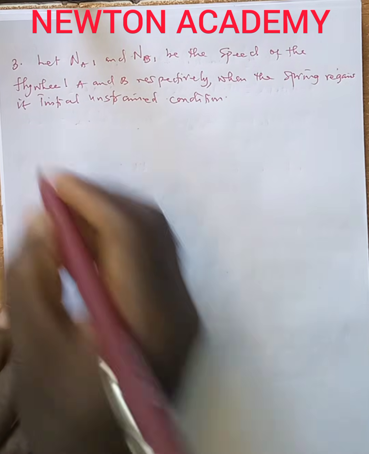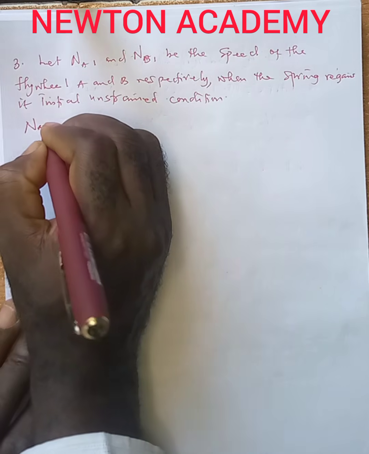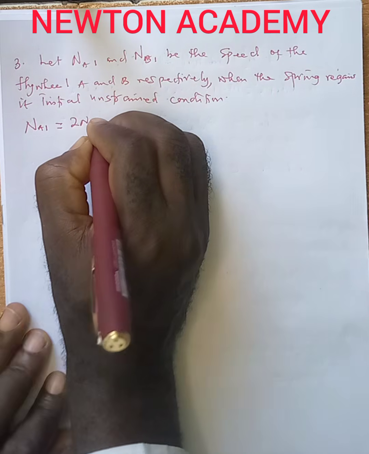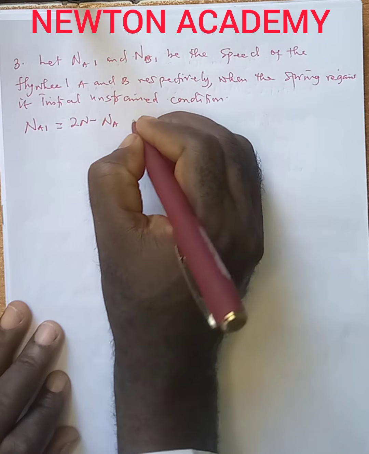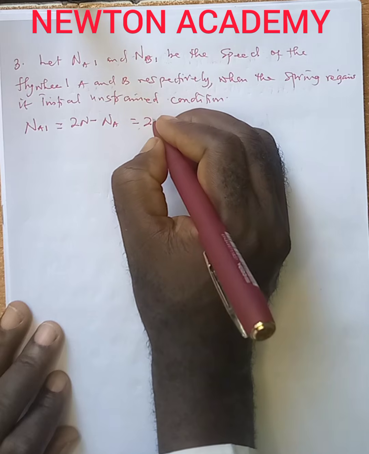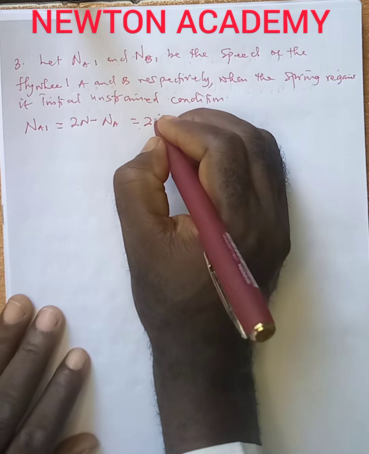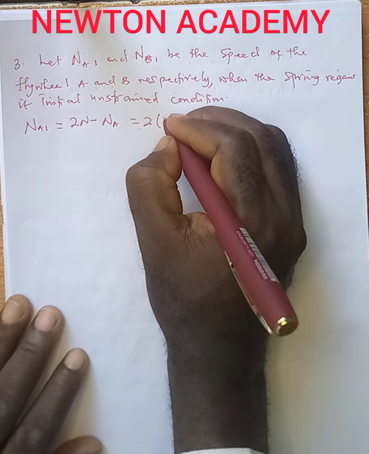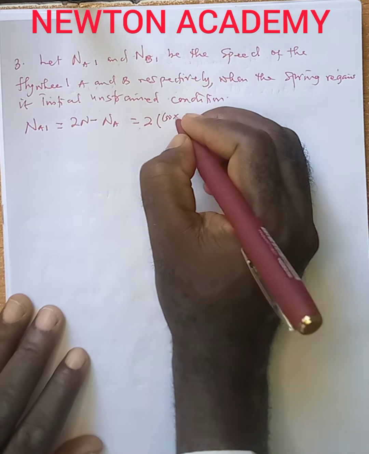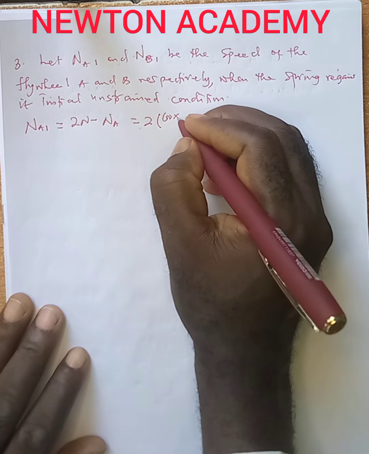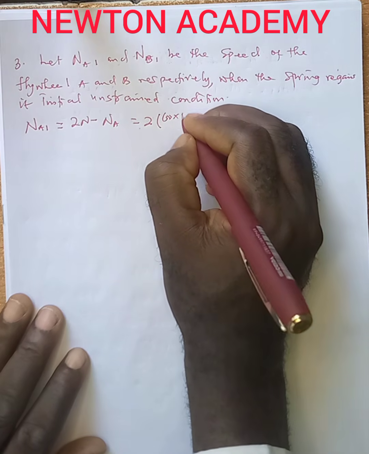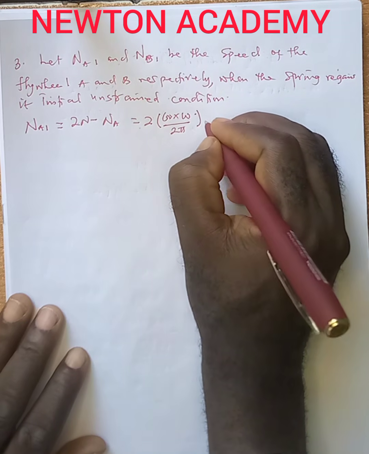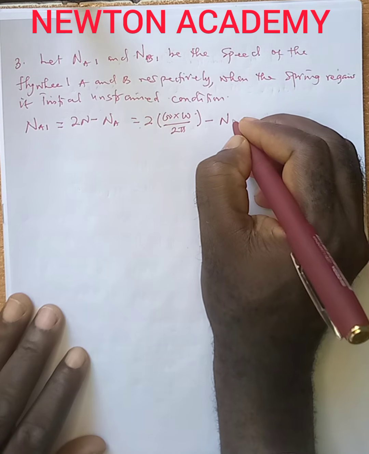Then from here we know that this relationship NA1 is equal to 2N minus NA. Our N in revolutions per minute is given by 60 multiplied by omega over 2 pi, then minus NA.